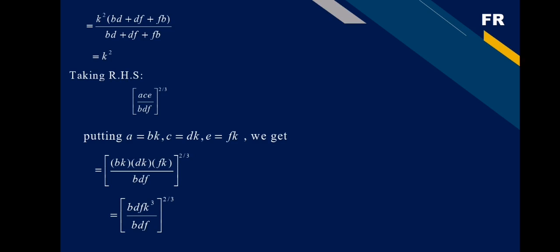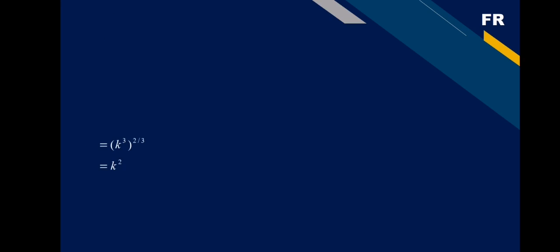Whole divided by bdf. This bdf in the denominator will cancel out with bdf in the numerator, and we will be left with (k cube) whole power 2 by 3, which will be equal to k square, since the 3 in the denominator of 2 by 3 will cancel out with the power of k to be 3.